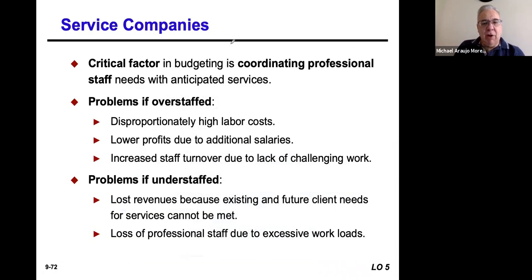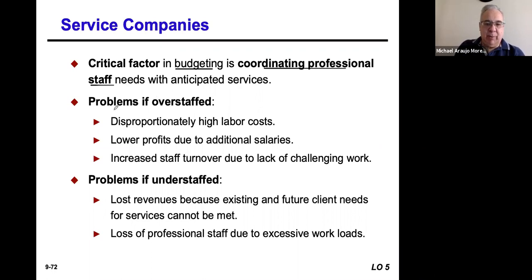Okay. For a service business, for a service company here, they're not making anything, right? But they're doing a whole bunch of work, right? So a lot of the budgeting is going to be making sure that all their professional staff with the services are going to be coordinated and cost effective in that regard.